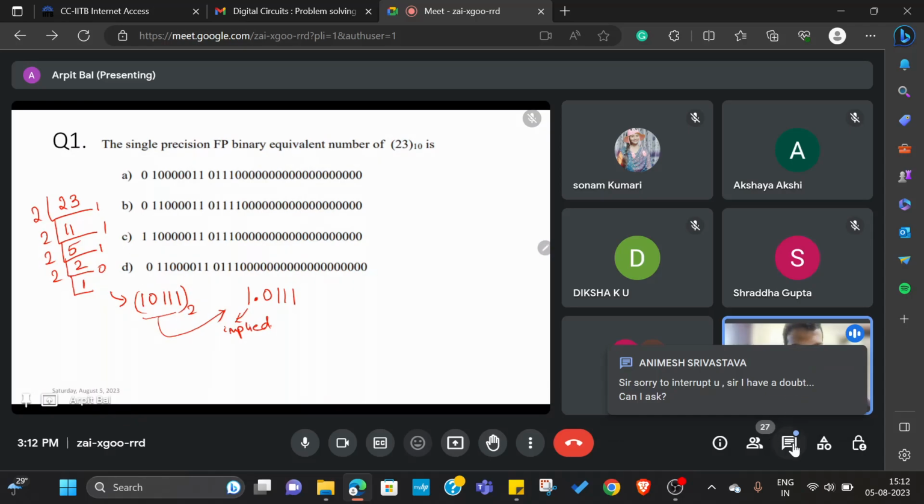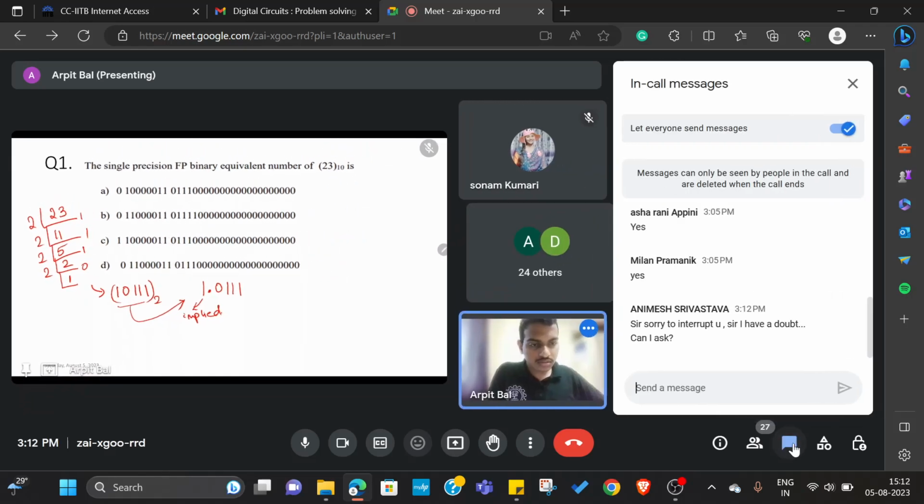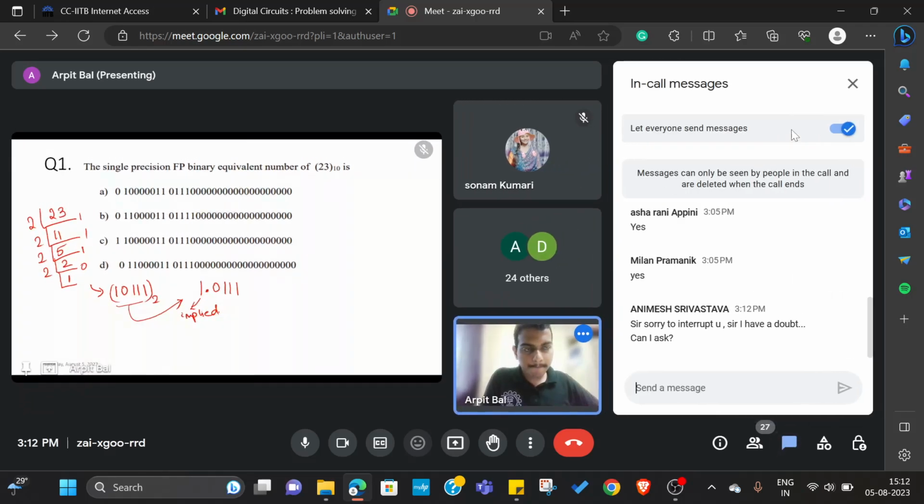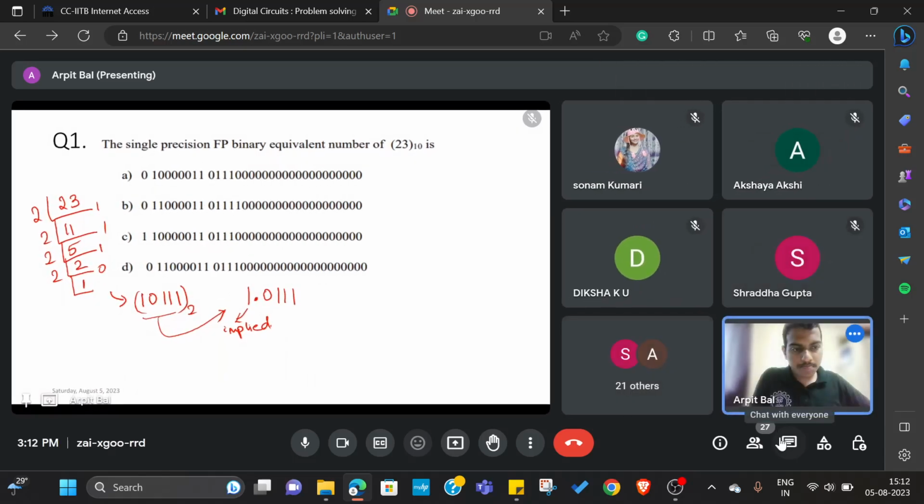Sure, Animesh, after this question I will take that out. So 1.0111. Earlier the decimal point was here, so we have shifted it to the left by 4 positions, so it will be times 2 to the power 4.